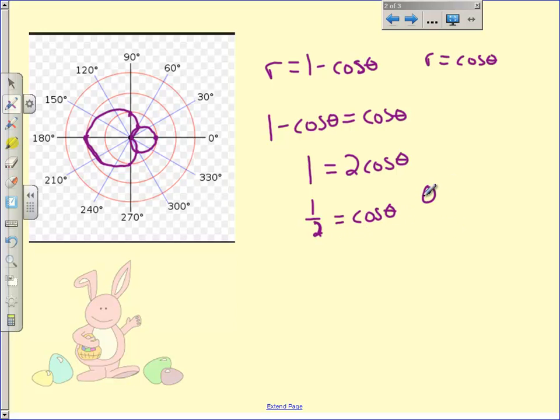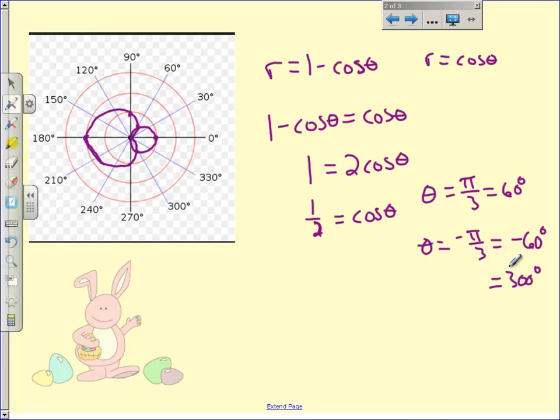Well, you should know this happens when theta equals pi over 3, which is 60 degrees, and when theta equals negative pi over 3, which is negative 60 degrees. And a negative angle just means we're going clockwise instead. Negative 60 degrees is coterminal with 300 degrees. And I have my solutions. I found 2 of them.